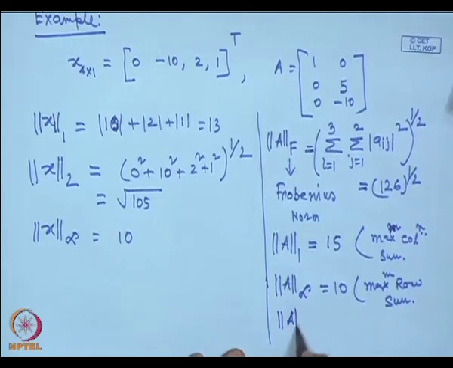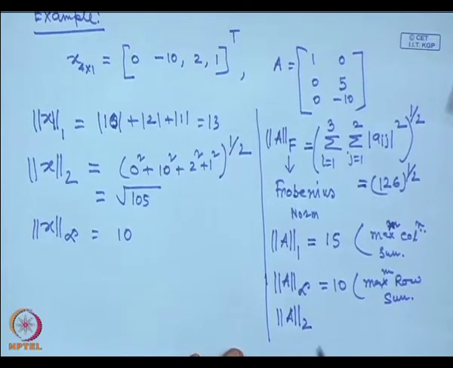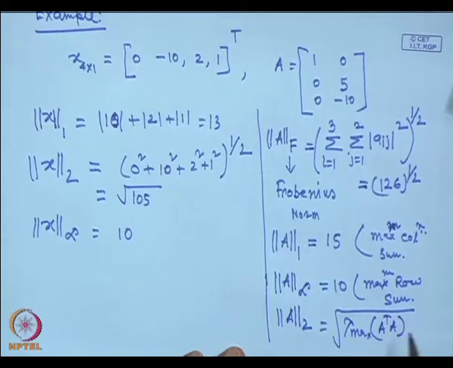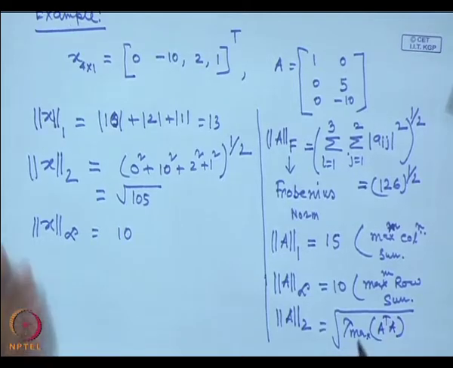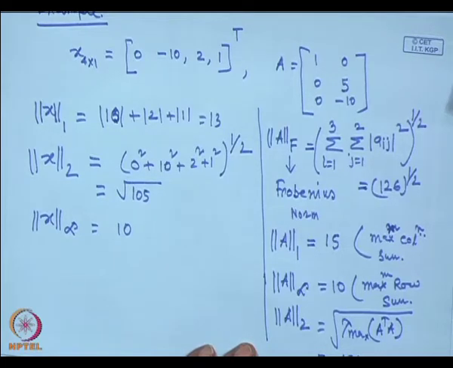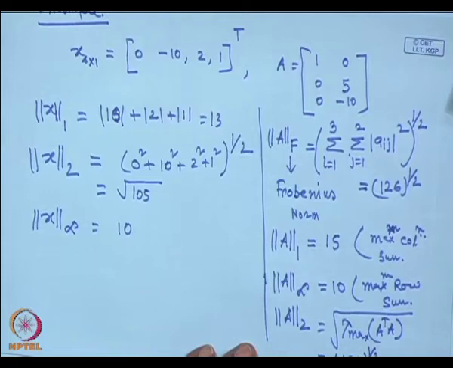Then the L2 norm of a matrix, what is this? It is the square root of lambda max of A transpose A. If you do the multiplication, the maximum eigenvalue of A transpose A is 125, and the square root of this will come 11.18.